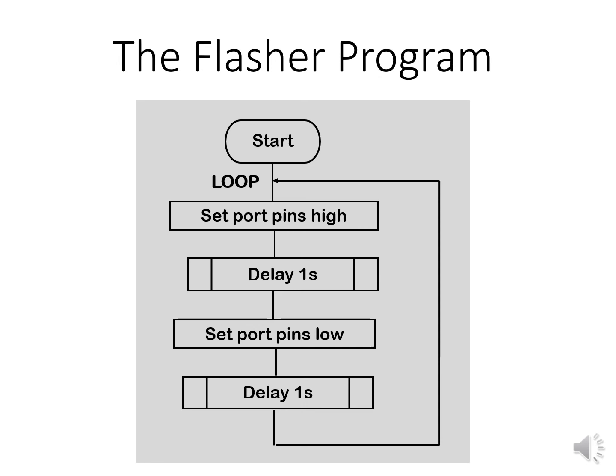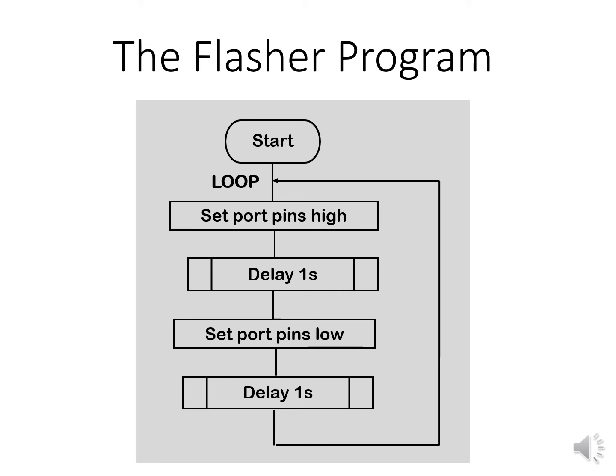This is a program that flashes port pins, usually at a rate of 1 flash per second. The idea behind the program is to first set all the port pins high, then delay for some time. In the illustration shown on the flowchart, the delay period is 1 second.